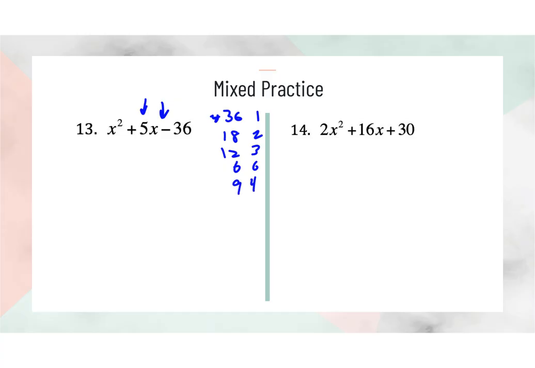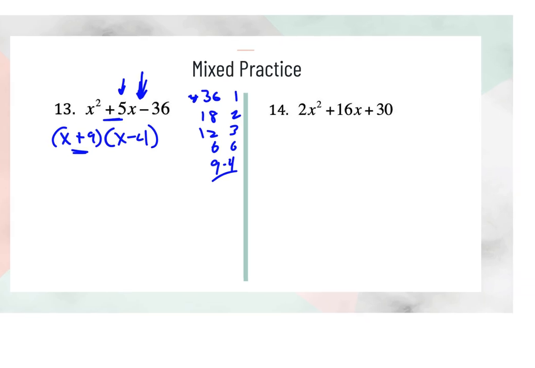You've also got 9 and 4. 9 and 4 work. So that's going to be x plus 9, x minus 4. How do I know that? Because I need this one to be negative, and this goes with the bigger number. So it's going to be a plus 9.